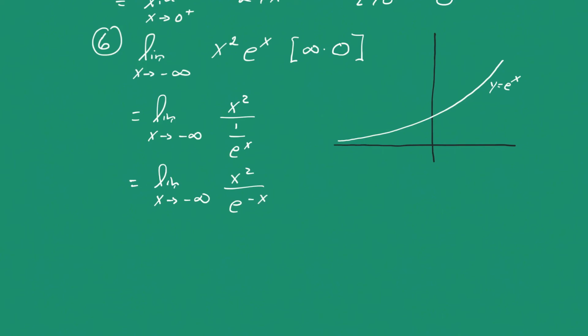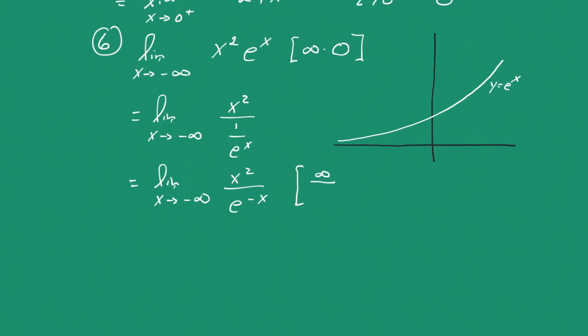And now, what type do we have here? All right, as x tends to minus infinity, as before, x squared is going to tend to plus infinity. So our numerator is tending to infinity. And what's happening to e to the minus x as x gets large and negative? So if x is large and negative, minus x is going to be large and positive. What does e to a large positive number look like?